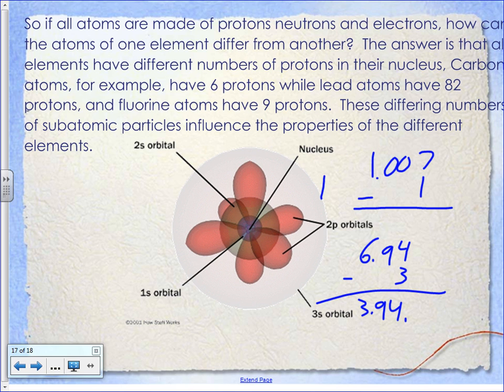You can always figure out how many neutrons there are by simply taking, so we'll write that down, the number of neutrons equals the atomic mass minus the atomic number. You guys will be getting periodic tables from me probably next week.